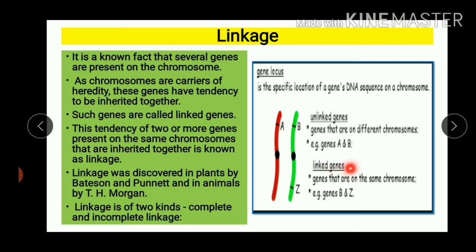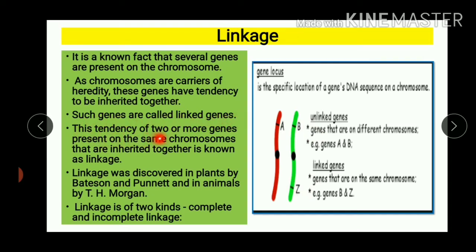Then what do you mean by linked genes? The genes that are present on the same chromosome, for example B and Z. Why? Because these two genes are present on the same chromosome. Such genes are called linked genes.